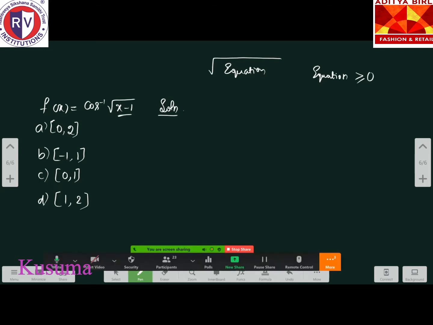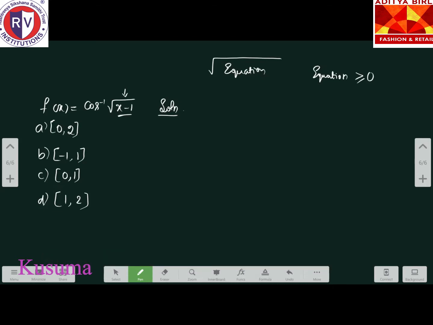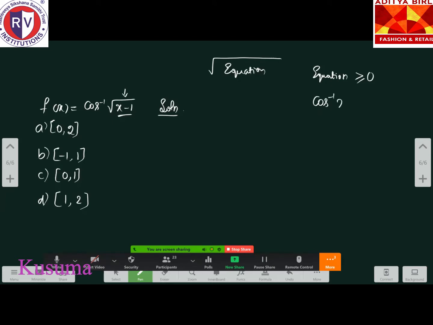So here one more thing is that this equation is with cos inverse. For cos inverse x, we know that x must be in between -1 to 1, right? Yes, ma'am. So here what is x?